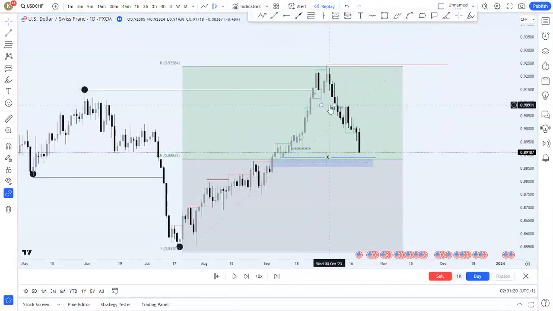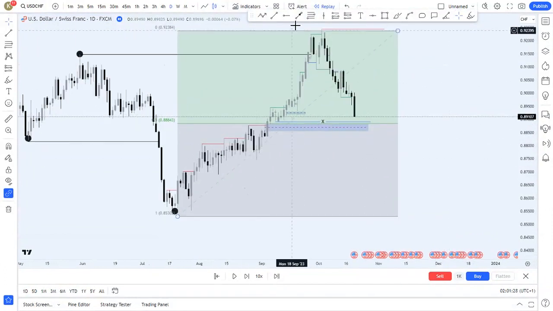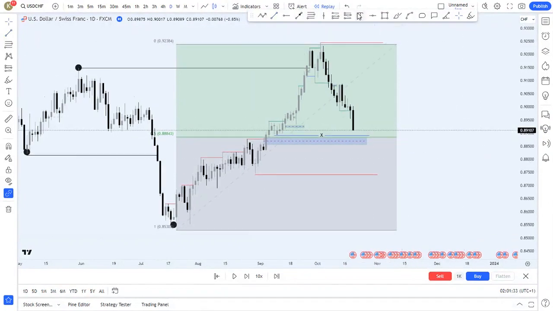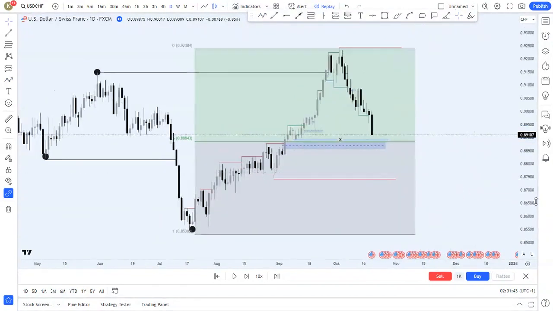Because it led to the break of all these fractal structures. So that's what I'm going to call an internal high for now. But this low is an internal low. So if we start having price breakthrough right here, we can now call this a swing high. Okay, but for now, that's not a swing high yet.